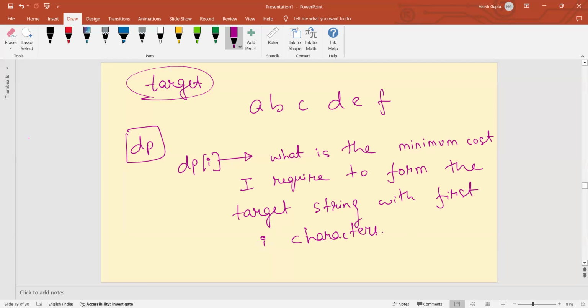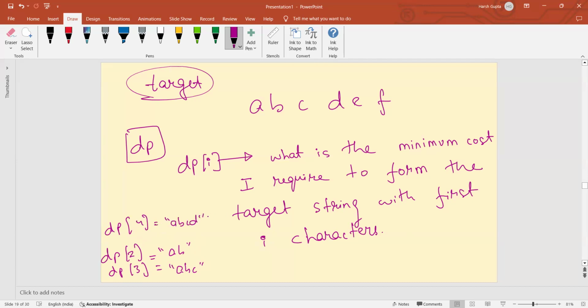That is, DP of 2 will tell me, for constructing the string AB, what's the minimum cost I require. Similarly, DP of 3 will tell me the minimum cost for constructing ABC. Similarly, DP of, let's suppose, 4 will tell me the minimum cost I require for constructing ABCD.